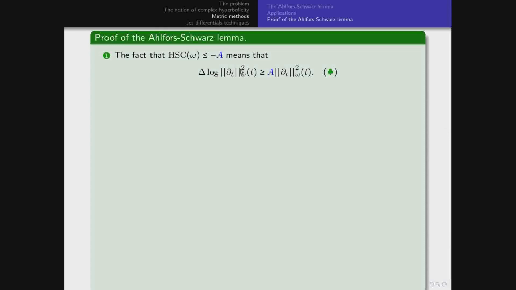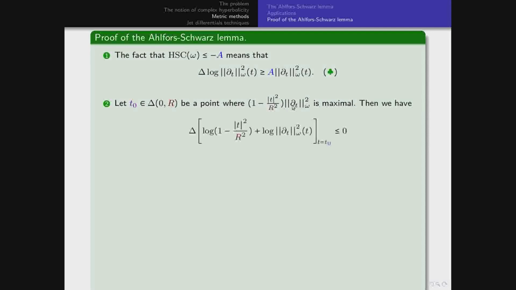This Laplacian is bounded from below by this quantity. And now you take a point inside the disk of radius r such that this quantity here is maximal. So since it is maximal, if you compute the Laplacian of its logarithm, you get something which is non-positive.